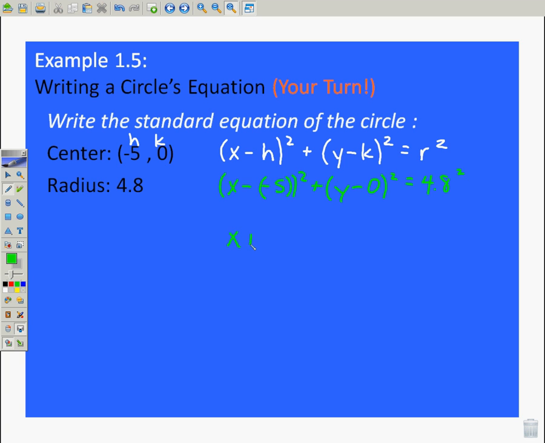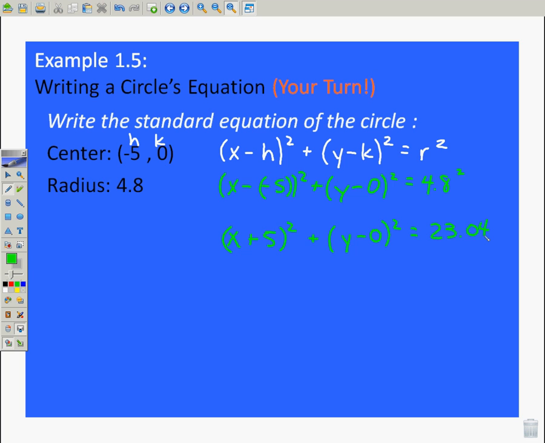I've got x plus 5 squared, because when I subtract a negative, I get a positive, plus y minus 0 squared is equal to, and when I square 4.8, I get 23.04. Okay? That's the standard equation. This is our answer. So we've written the standard equation for a circle.